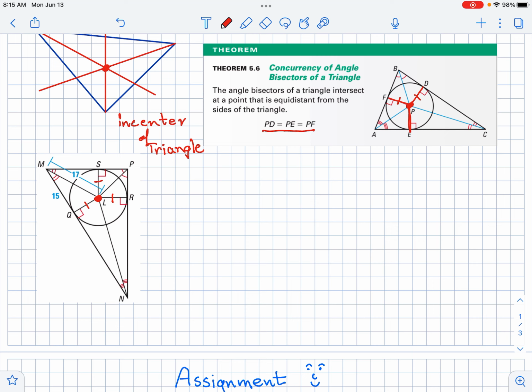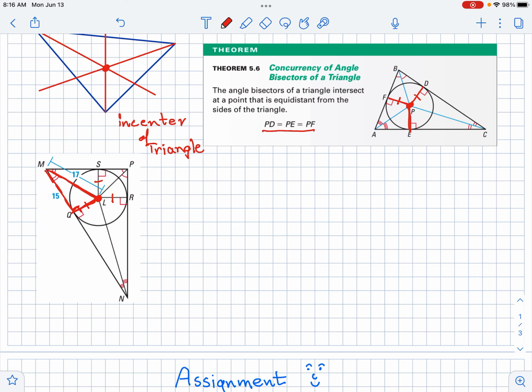So if we wanted to figure out what that length is, here's what we could do. Notice we know what this length is. It's given to us. It's 15. We know what this length is. It's 17. And notice this is a right triangle here, because this is a perpendicular.